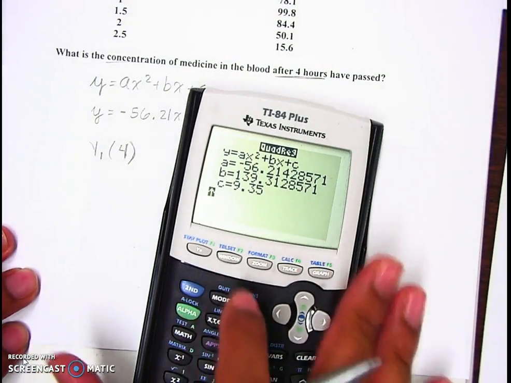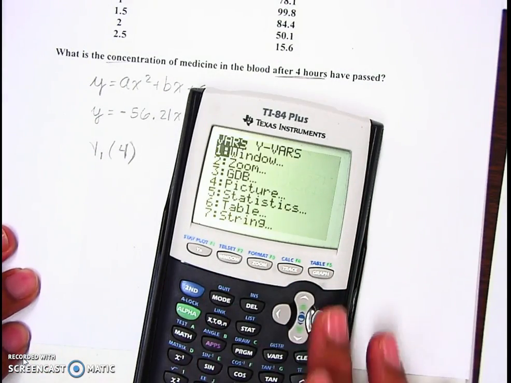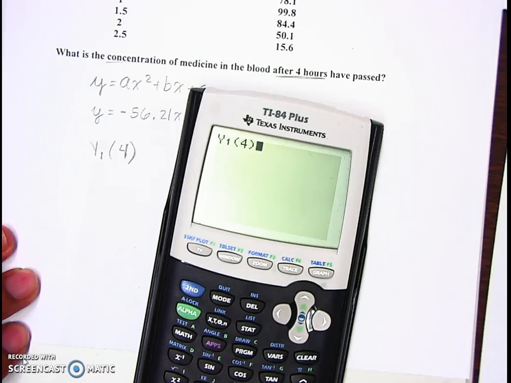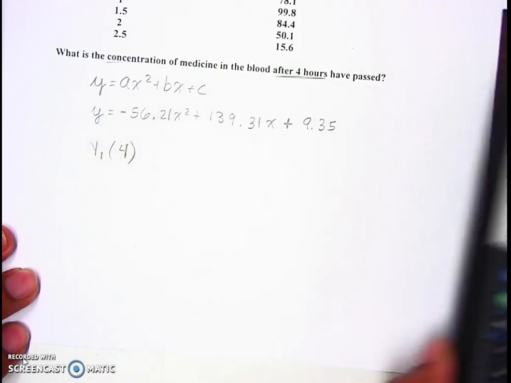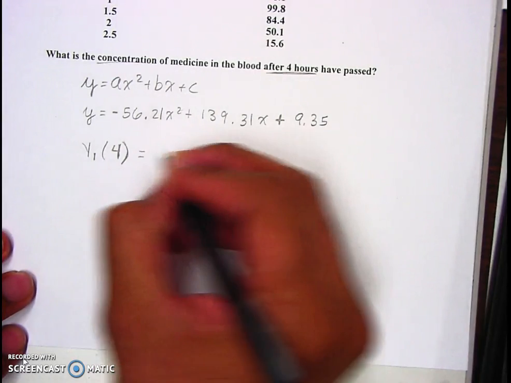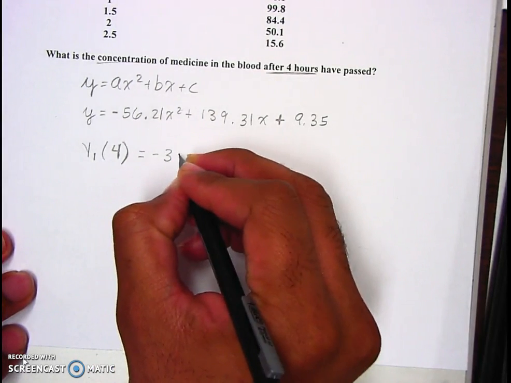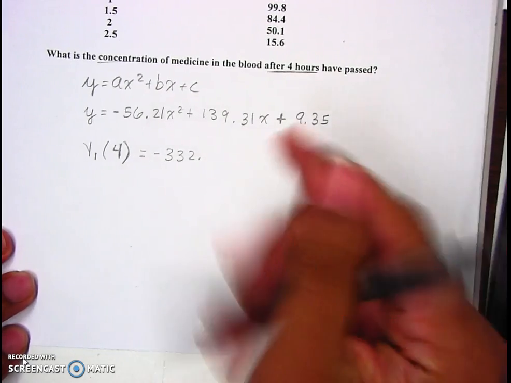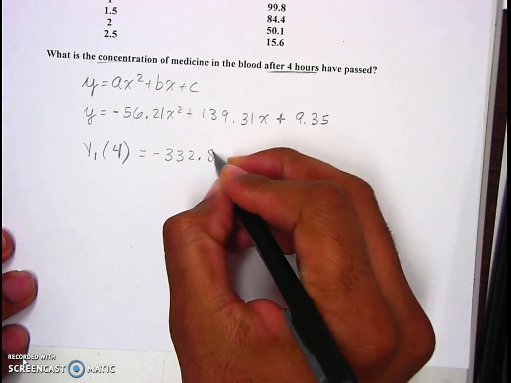Here again, we go 2nd Quit, go to Vars to the right, 1, 1, parentheses 4. And it gives us negative 332 point, rounded to 2 decimal places, so 0.83.